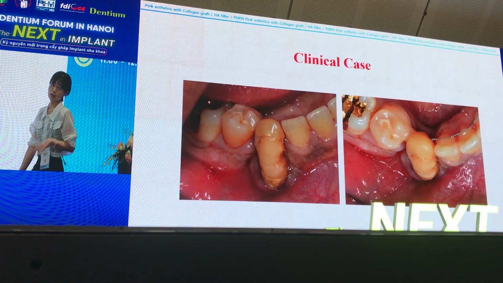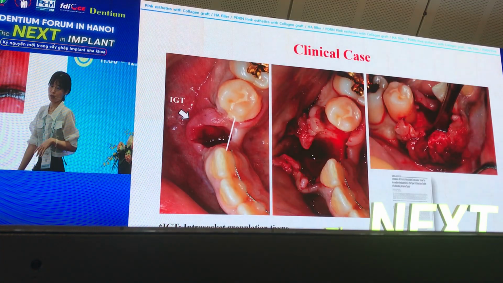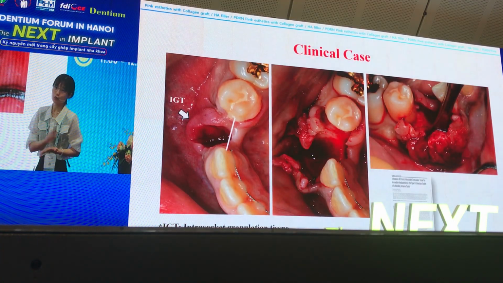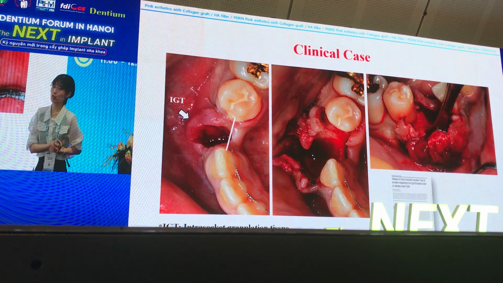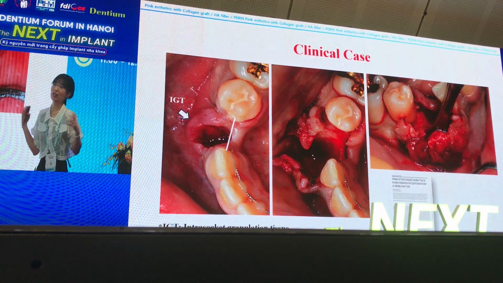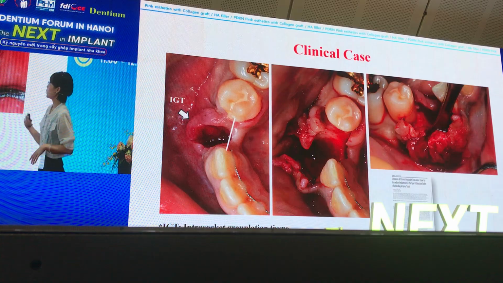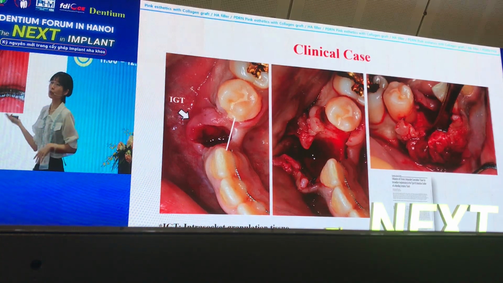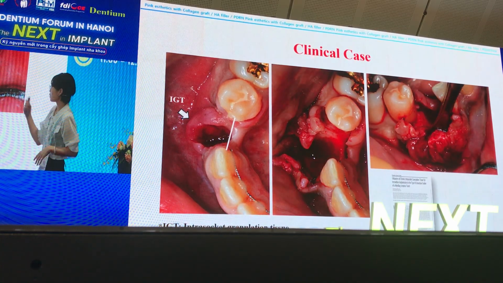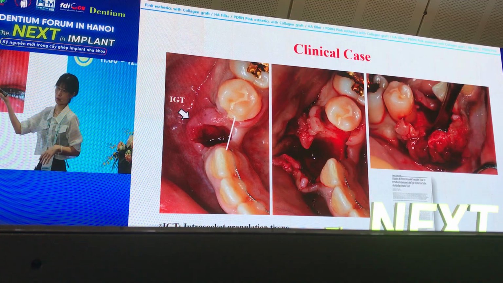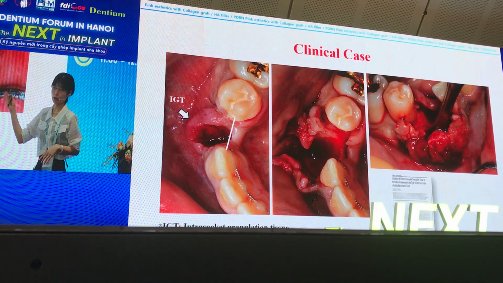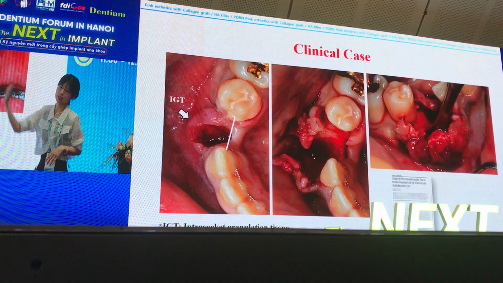Because there is no bone. But I usually do immediate implantation to reduce the treatment time. And also, I always try to use the intra-socket granulation tissue because we can use that as a covering material.